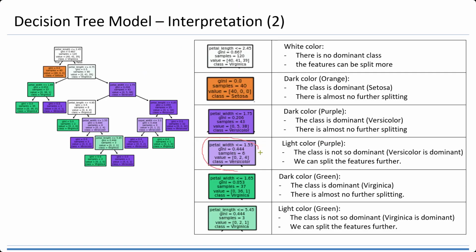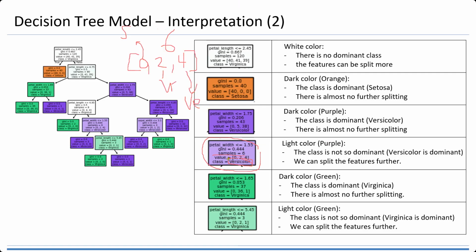If you look at this one, the number is dominant on the versicolor. There are 6 samples, and the value is 0, 2, and 4. Then Setosa is 0, Virginica is 2, and versicolor is 4.